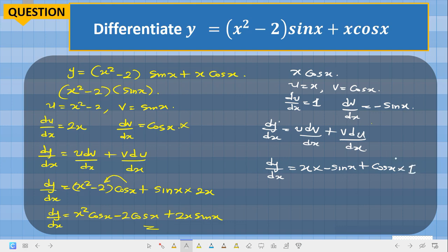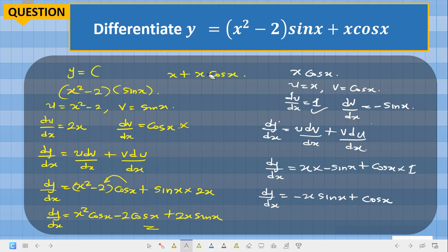So our dy/ds is equal to s times −sin s, which is −s sin s, plus 1 times cos s, which is cos s. So that is our value for the second dy/ds.